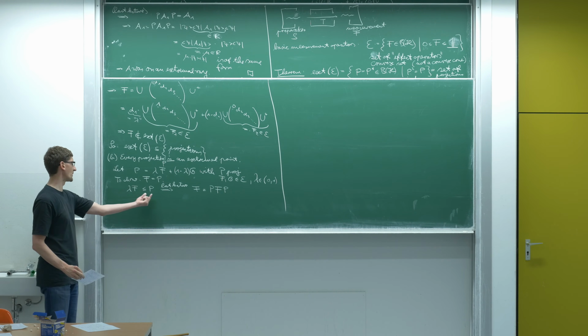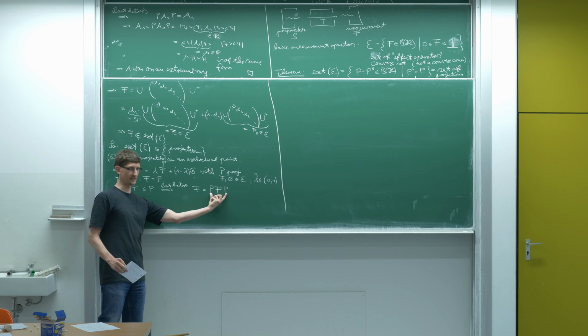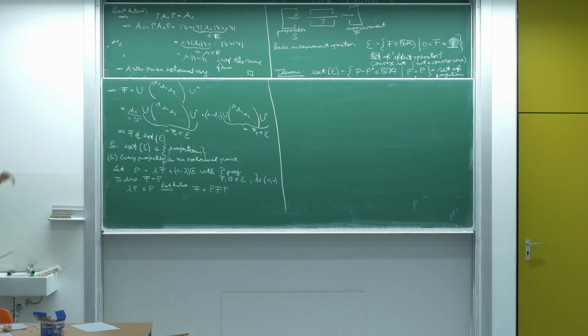If something is smaller than a projection, then the support of this operator has to be contained in the projection. So this is what we used before.